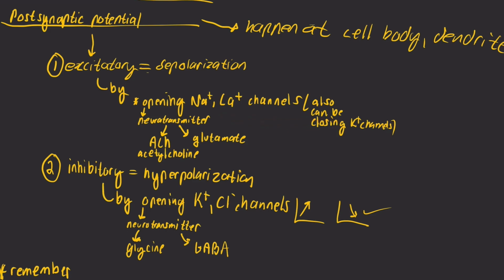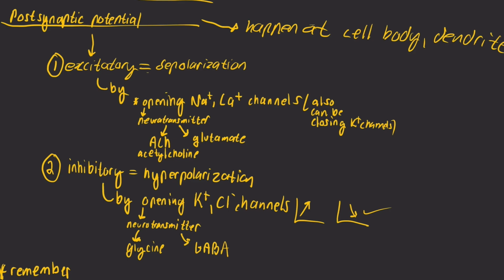For that to occur at the postsynaptic neuron, specific neurotransmitters need to be released. That would be acetylcholine, ACh, or glutamate. So it can't just be any neurotransmitter. It has to be these types of neurotransmitters.